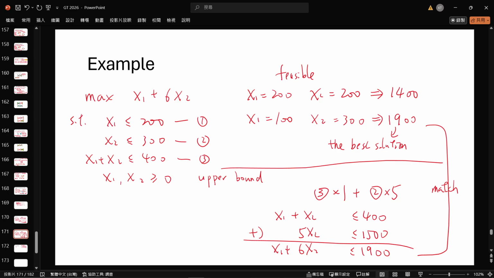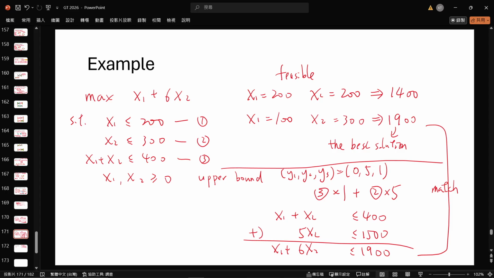Taking this solution as an example, this solution corresponds to 0, 5, 1, because in this weighted combination, we didn't consider constraint 1, which means the weight for constraint 1 is just 0. The weight of constraint 2 is 5, and the weight for constraint 3 is 1.